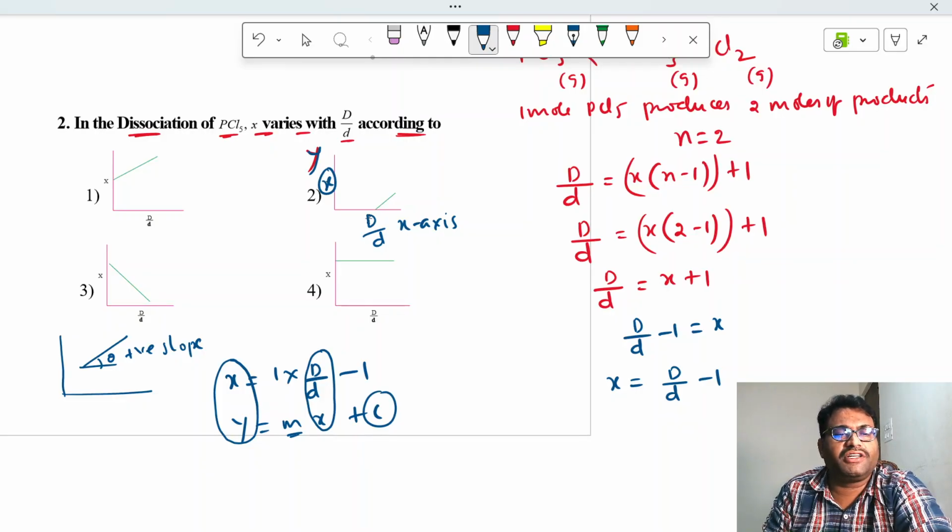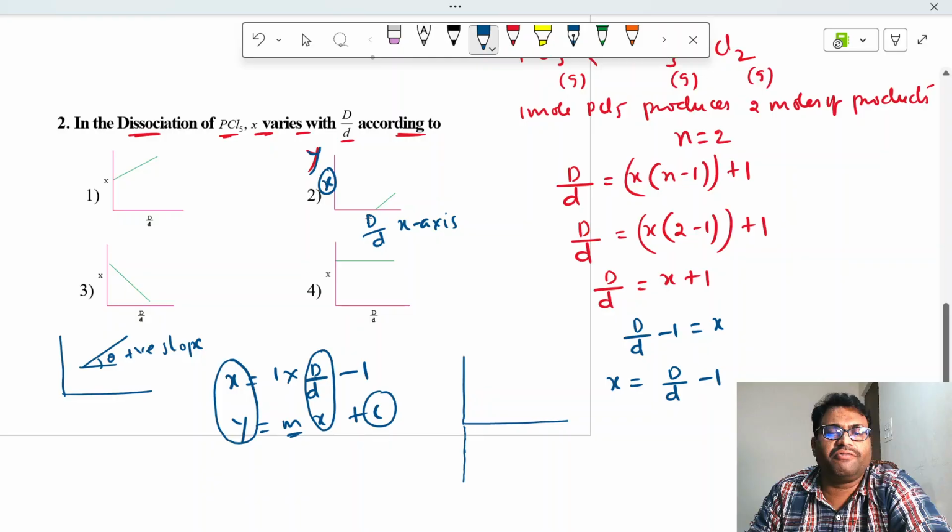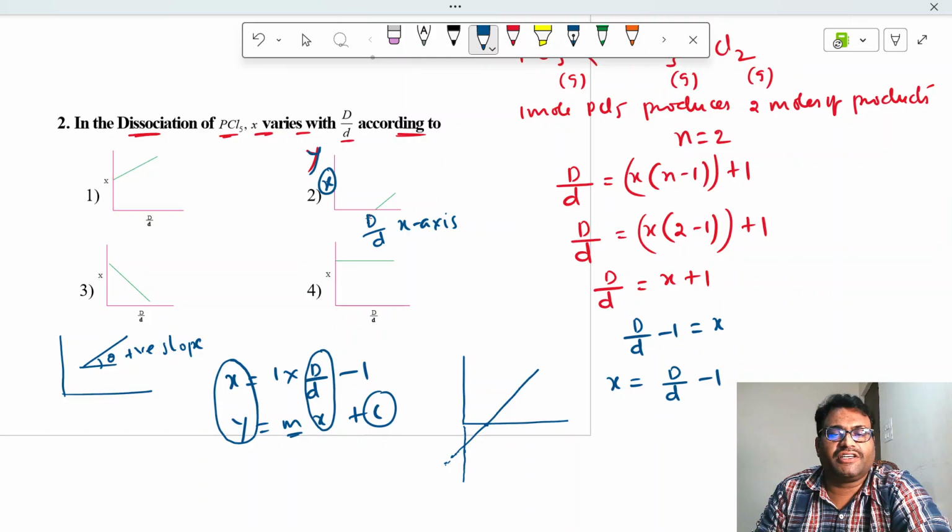Intercept negative means the graph must intersect on the negative y-axis. So the graph must be like this. If you extend this graph, it must intersect on the negative y-axis.